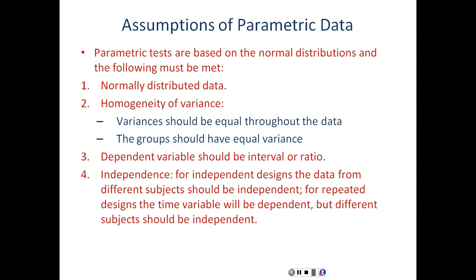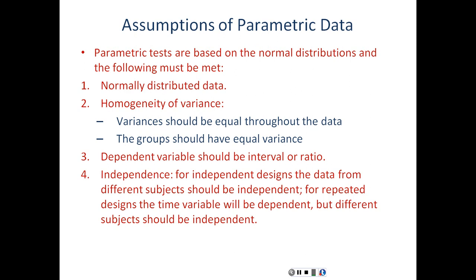Another basic assumption of parametric data is about your dependent variable. Remember, that's the outcome variable, and it should be an interval or ratio variable. And finally, independence. For independent designs, the data from different subjects should be independent.